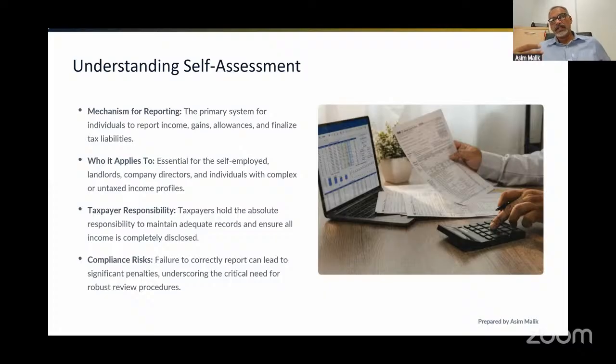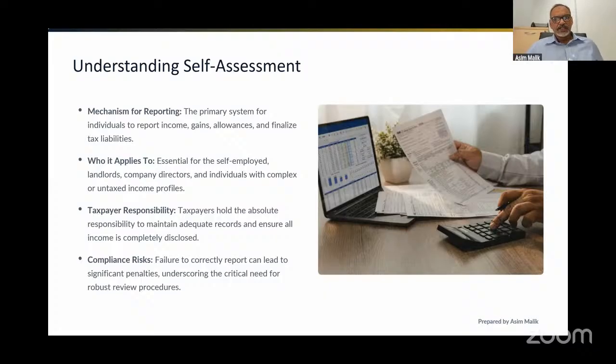For example, certain foreign banks and foreign governments share information with HMRC, and they compare that information against the information they have received under the self-assessment system. If there's any discrepancy, it may trigger a discovery assessment or a full investigation.